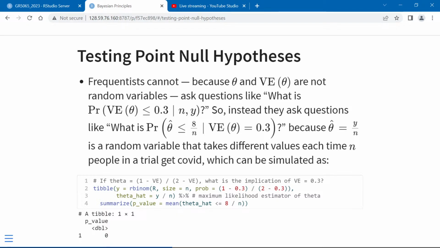That's a Bayesian question. Instead, frequentists have to ask questions like, what is the probability of observing an estimate of theta that's less than or equal to 8 over n, given that the vaccine effectiveness is 0.3?